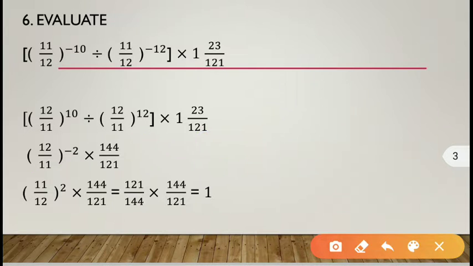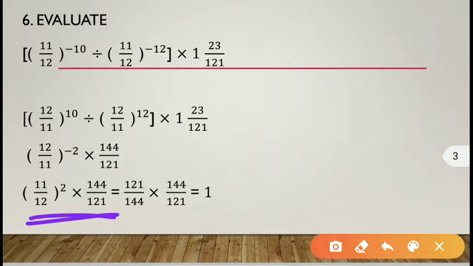Again, this is a minus 2. Again, what will we do? Just convert the negative power into plus power. How will you do it? Just change their numerator and denominator places. Means 12 by 11, you write 11 by 12, and this power will become plus. Into 144 upon 121 will be as it is.